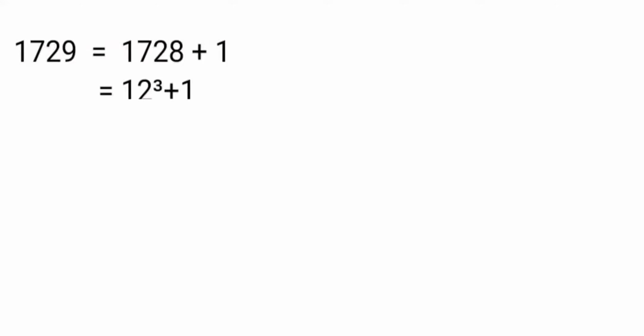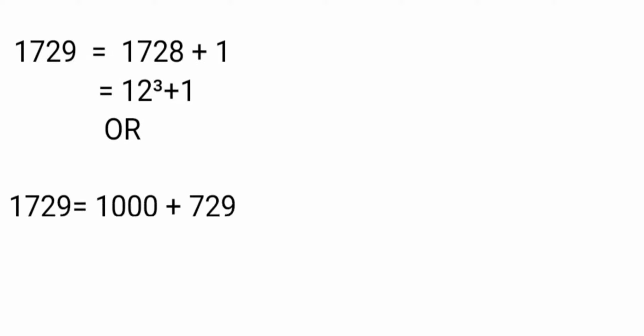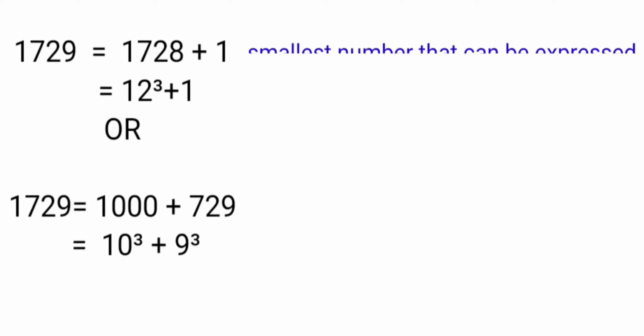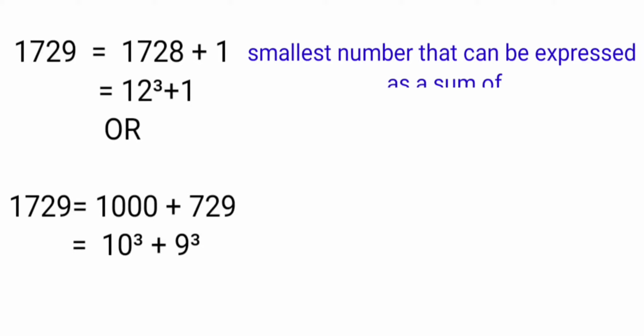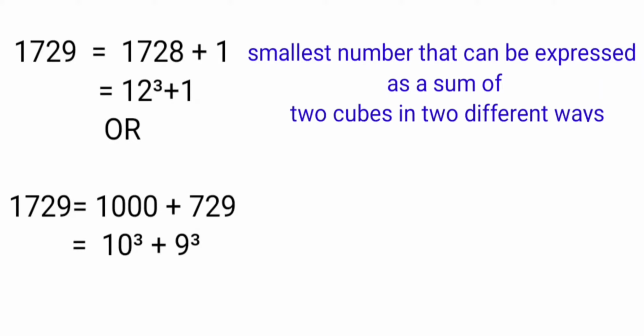Now, 1729 is equal to 1728 plus 1, that is cube of 12 plus cube of 1. Similarly 1729 is equal to 1000 plus 729, we can write. So 1000 is cube of 10 and 729 is cube of 9. So it is the smallest number that can be expressed as the sum of two cubes in two different ways.